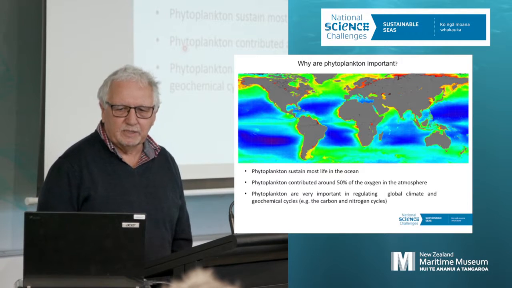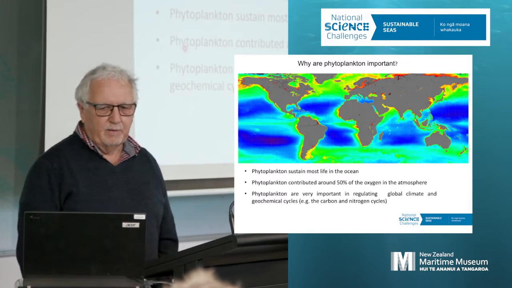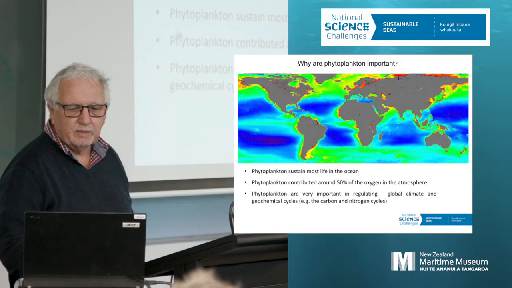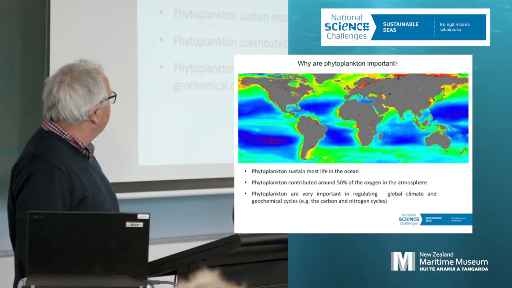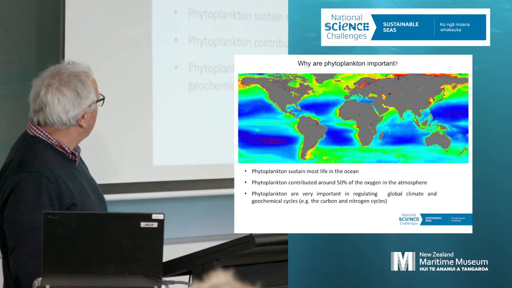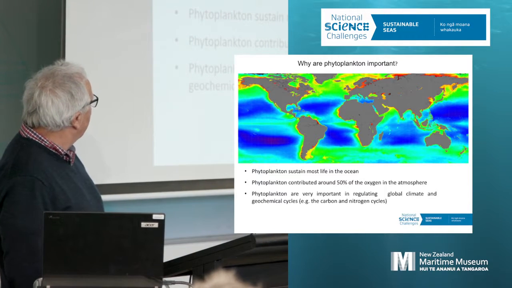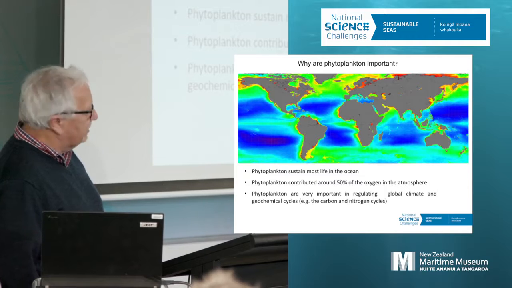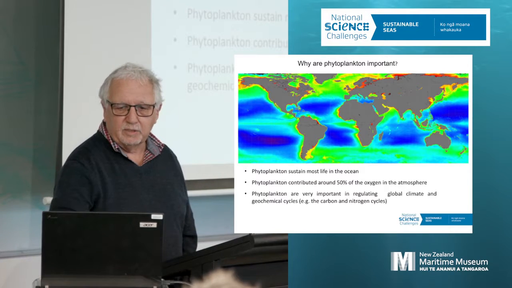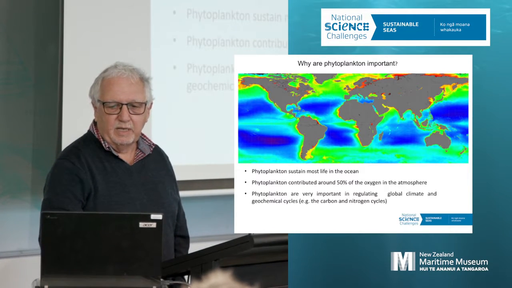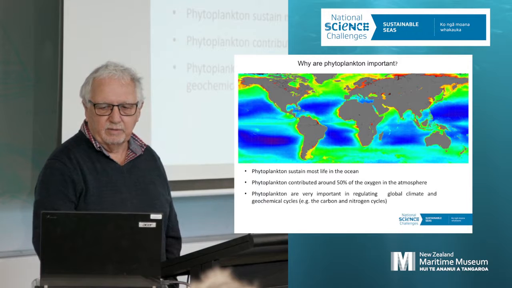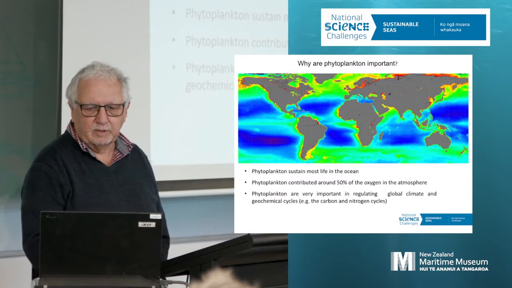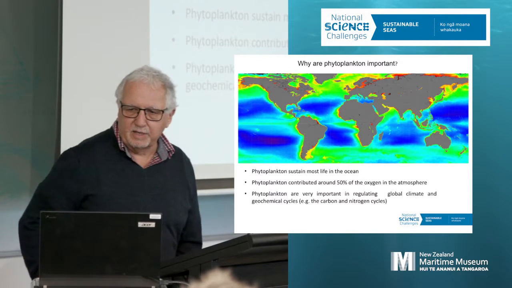But what you'll notice is that the blue patches in the middle of the oceans are very depauperate areas, with low phytoplankton biomass and low nutrients, and most of the productivity is occurring in upwelling areas in equatorial regions like this, or off in the higher latitudes and around New Zealand there.